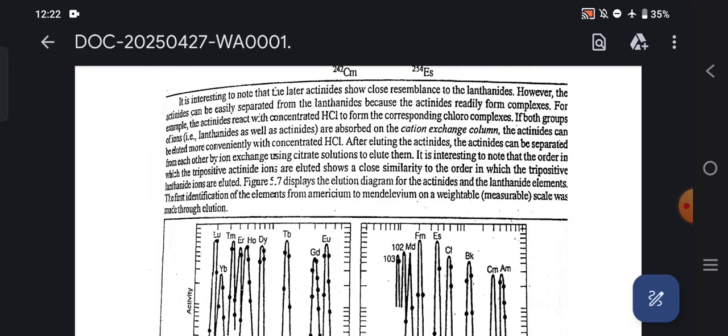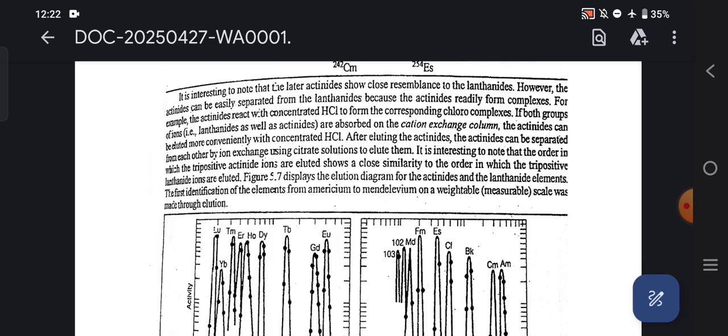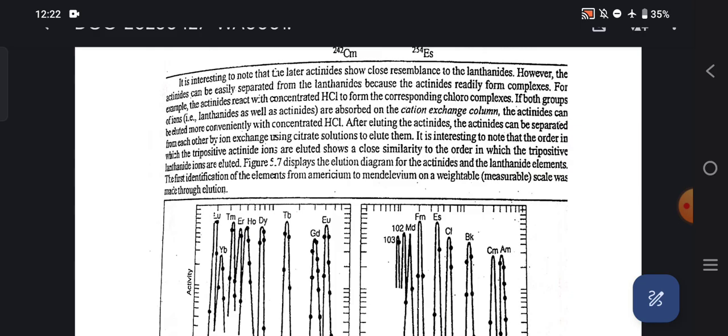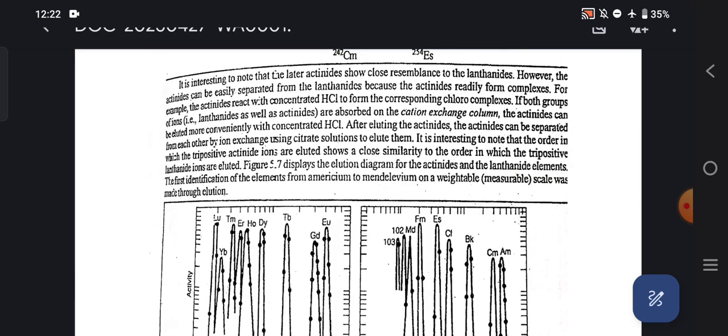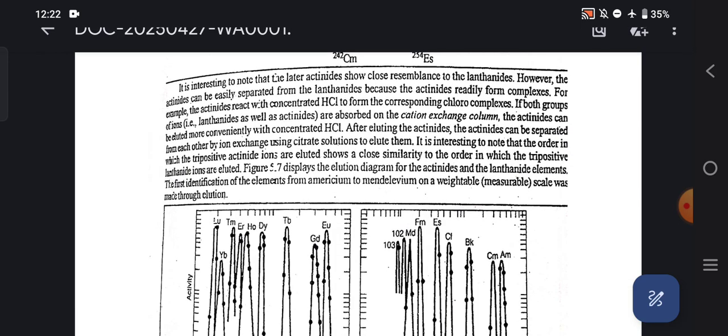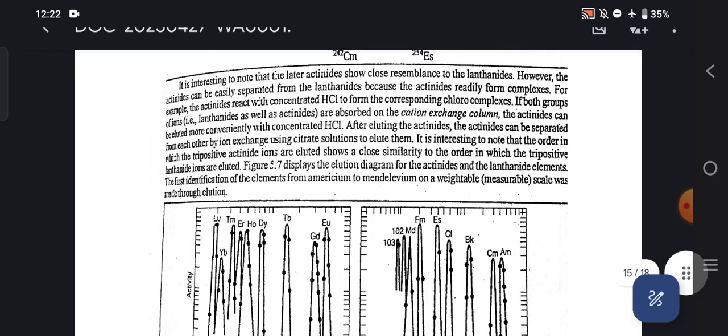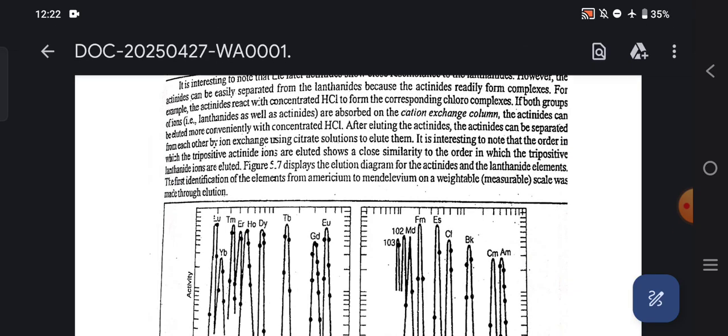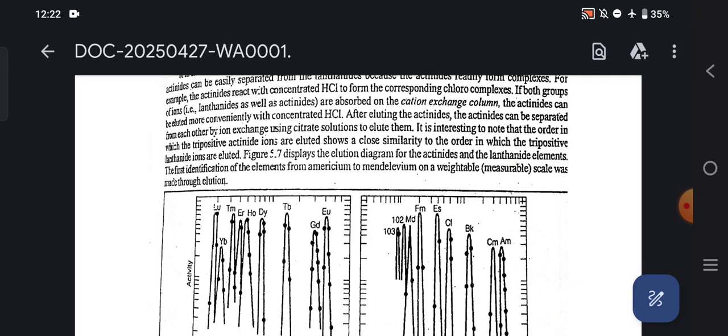After elution, the actinides can be separated from each other by ion exchange using buffered solutions. The order in which the tripositive actinide ions are eluted shows a close similarity to the order in which the tripositive lanthanide ions are eluted. The figure displays the elution diagram of the actinide and lanthanide elements.